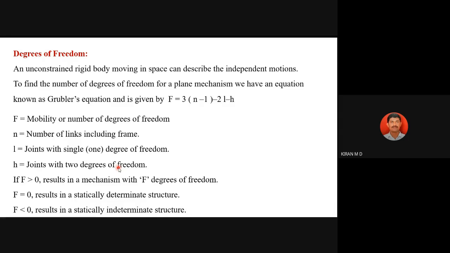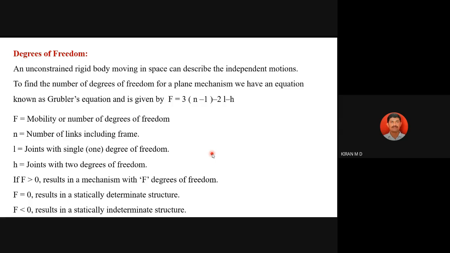One more thing: F less than 0. In some problems, when you calculate the mobility, you may get F equal to -1 or -2, meaning less than 0.